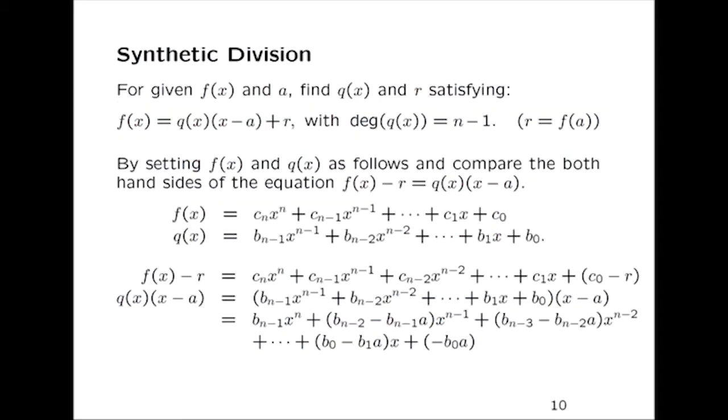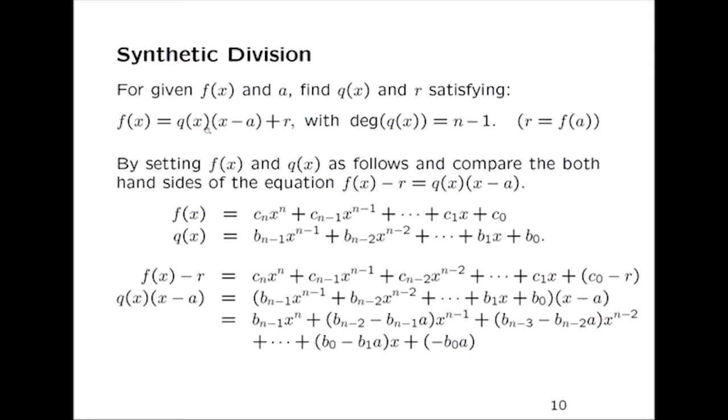Okay, in order to find q of x and r, starting from f of x and a, this r is a constant, so f of x is of degree, say, n. Then this is just a constant, so q of x times x minus a is of degree n, same as the degree of f of x. And the degree of x minus a is equal to 1, right?